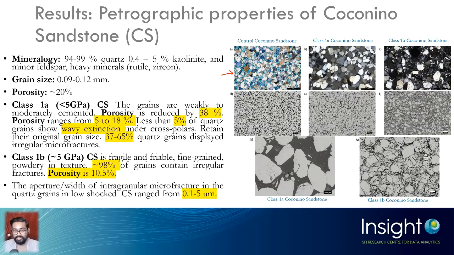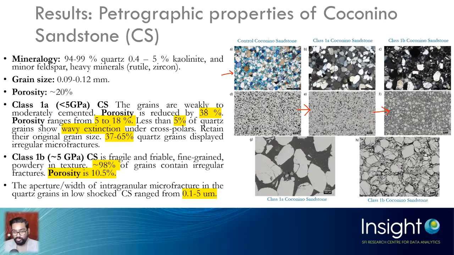Below these images, there are subsequent SEM images where black represents pores, and when you go from D to E, we see the blacks are reduced. That means pores are reduced. And then when we go to class 1B rocks, we see most of the grains appear to be fractured.